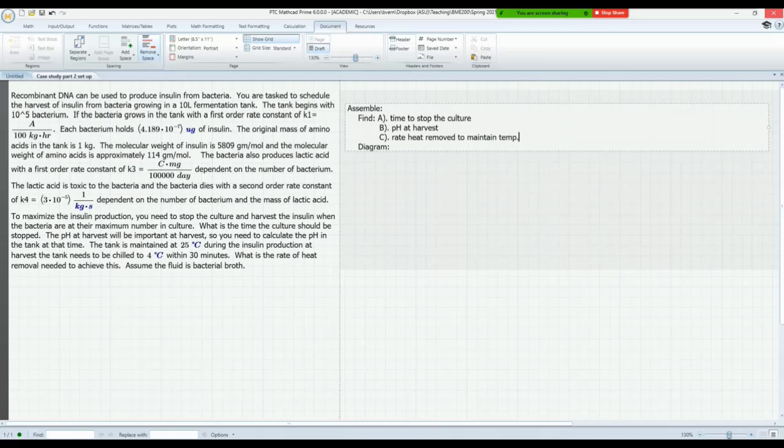Actually, it's the amount of heat removed at the end to bring the temperature from 25 degrees C to 4 degrees C. Sorry about that.